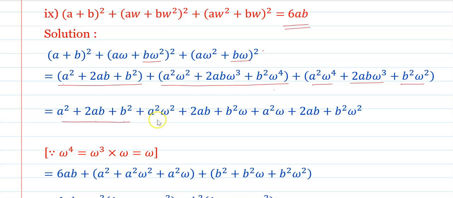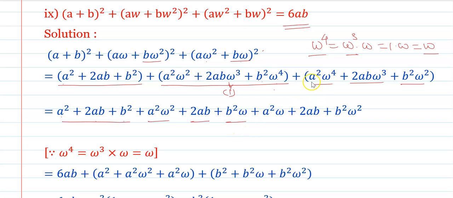Next open this bracket, a square plus 2, what is the value of this omega cube, its value is 1, therefore 2 times ab is as it is, b square omega raised to 4, but what is the value of omega raised to 4, omega raised to 4 means omega cube into omega, omega cube is 1 into omega, you will get here omega, and hence omega raised to 4 is omega, and therefore b square omega raised to 4 is b square omega.